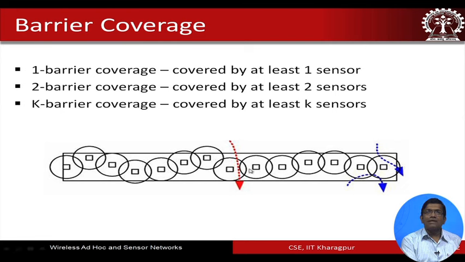So in this particular example, we see that when somebody wants to cross this border, it will get detected by at least this sensor node, or if it changes its trajectory as well, there is another sensor node at least which will detect this particular crossing.